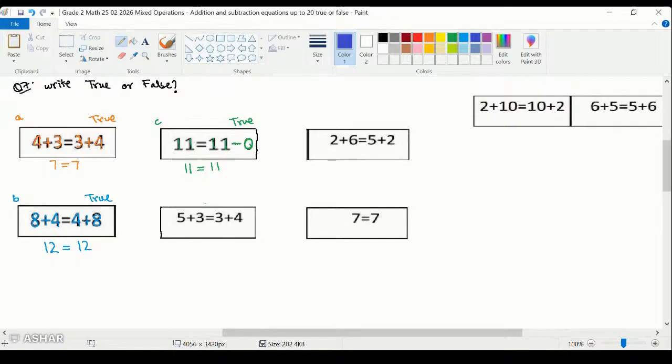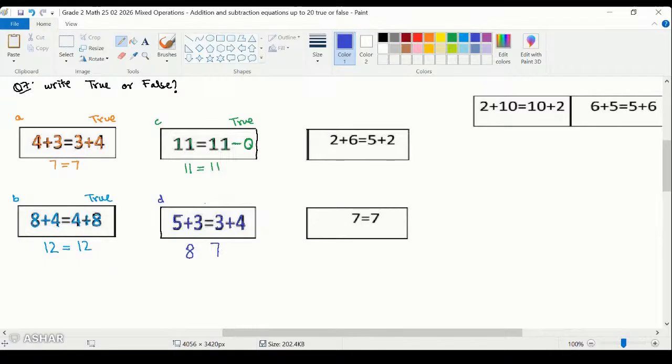Part D, 5 plus 3 and 3 plus 4. What is 5 plus 3? 5 plus 3 is 8, and 3 plus 4 was 7.